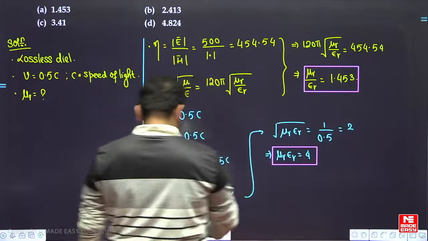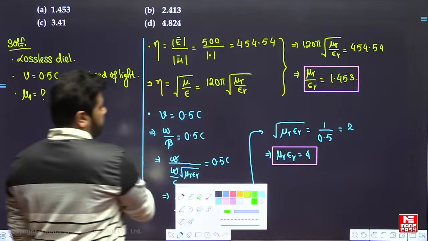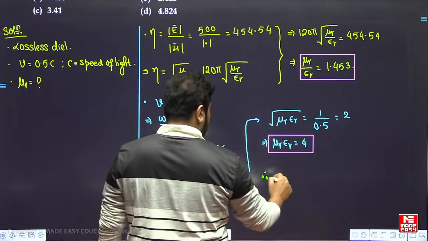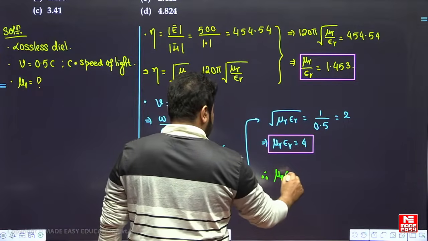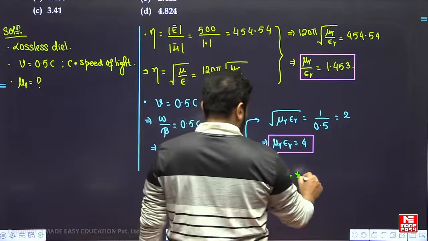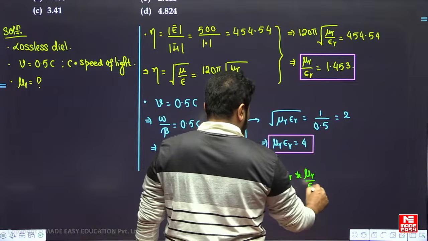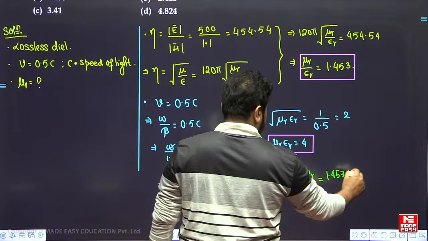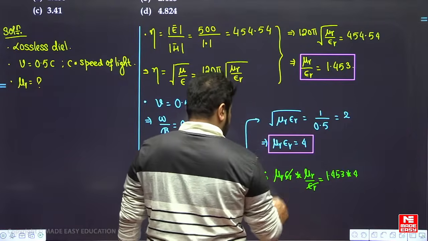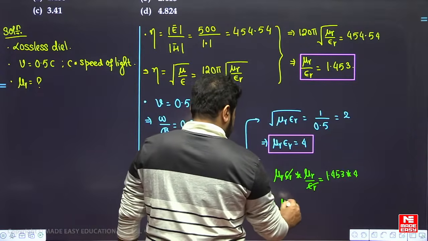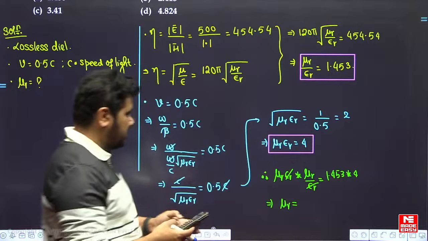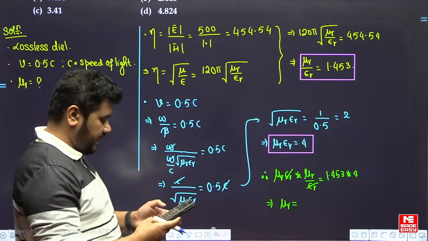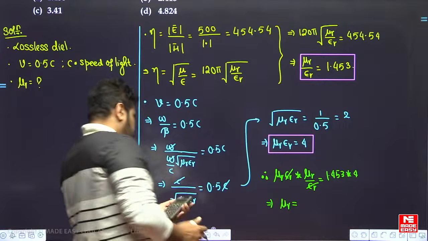Now once we have got the mu r and epsilon r product and its ratio, we can directly use them. Therefore, if I multiply mu r into epsilon r by mu r upon epsilon r, this will become 1.453 multiplied by 4. Here you can see that epsilon r and epsilon r are getting cancelled. So mu r will be how much? 1.453 multiplied by 4, root of the answer, is coming 2.41.